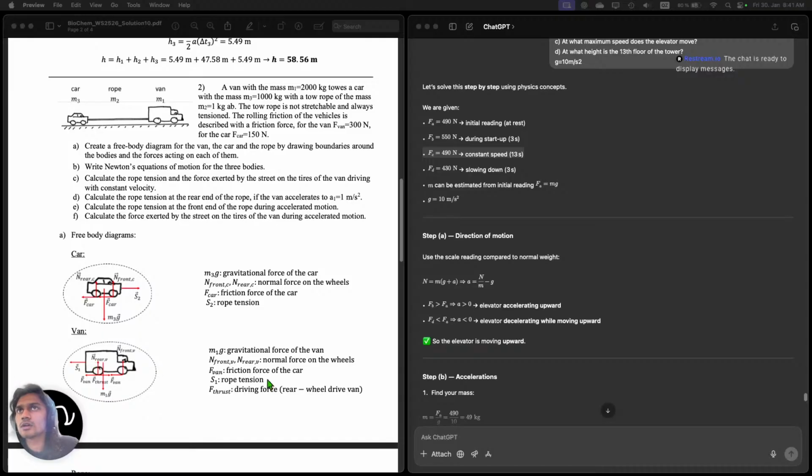That's the rope tension. Yeah, we got the rope tension here. And front normal forces on the wheels. Where's the front? There it is.